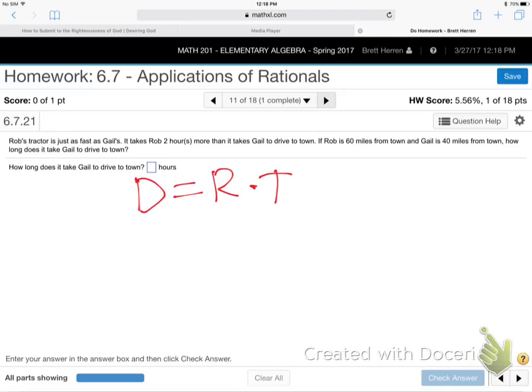It takes 60 miles from town. 60 miles. 60.